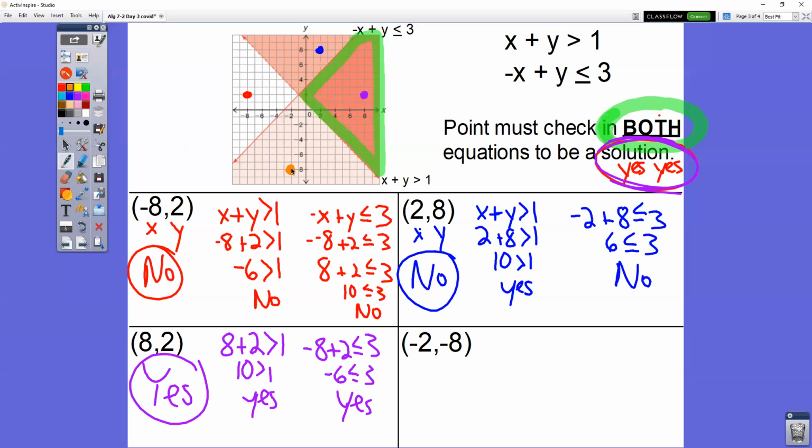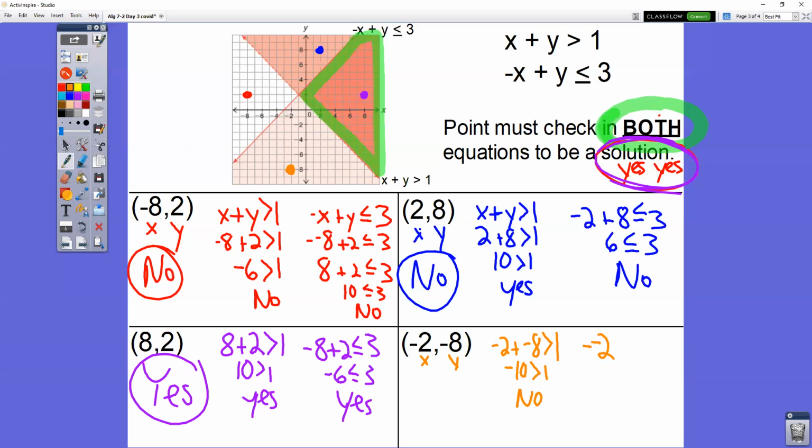So when we go to look at it, this is my x, this is my y. I'm going to sub it into my first equation. I'm going to have negative 2 plus negative 8 is greater than 1. That would be negative 10 is greater than 1. That is not true. In my second equation, I would have the negative of negative 2.